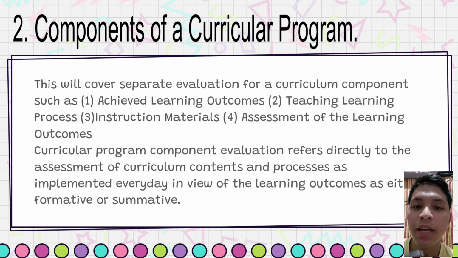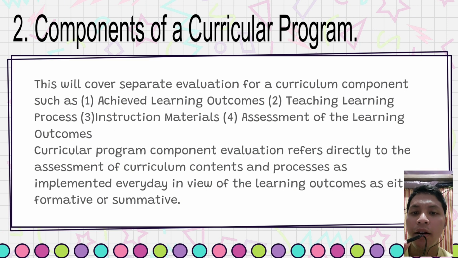So that is the components of curricular programs. The components evaluation refers directly to the assessment of curriculum contents and processes as implemented every day, in view of the learning outcomes, as either formative or summative.